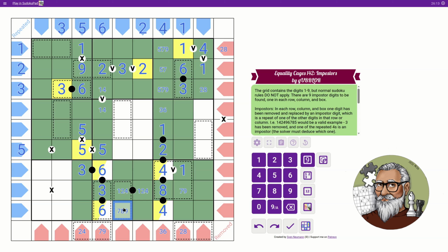Because we don't know what the imposter is covering or what its previous value was. I don't know. I really don't know.